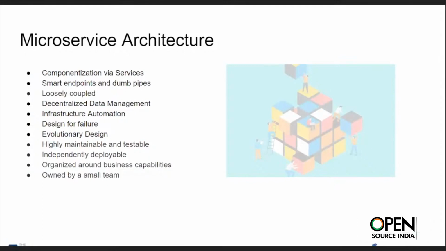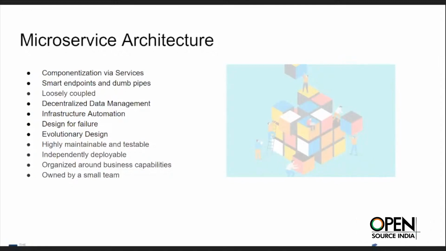Since microservices are small, it's easy to maintain them and easy to test at a smaller level. And it's easy to deploy these microservices on any given infrastructure, and we can test the deployability that way.